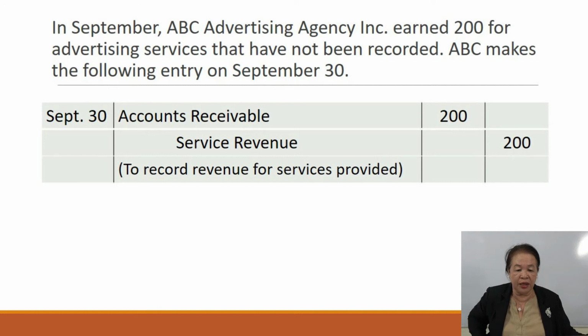Nag-record tayo ng 200 because ito yung advertising services na hindi na-record. So, anong gagawin natin? I-record natin so that maidagdag natin doon sa income for the month, which is for September 30. No? So, nag-debit tayo ng accounts receivable, which is an asset account, and then we credit service revenue, which is a temporary account, no? Or income statement account. So, pareho silang nagdagdag, no? Pareho nating dinagdagan. Okay?